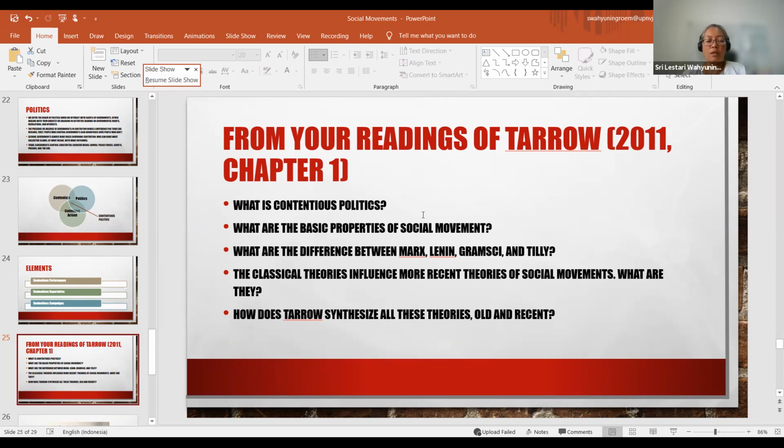Tarrow speaks a lot about that in the earlier part of the chapter, and he also outlines briefly the differences between Marx, Lenin, Gramsci, and Tilly regarding how they understand movements. He also outlines the classical theories that influence more recent theories of social movements.